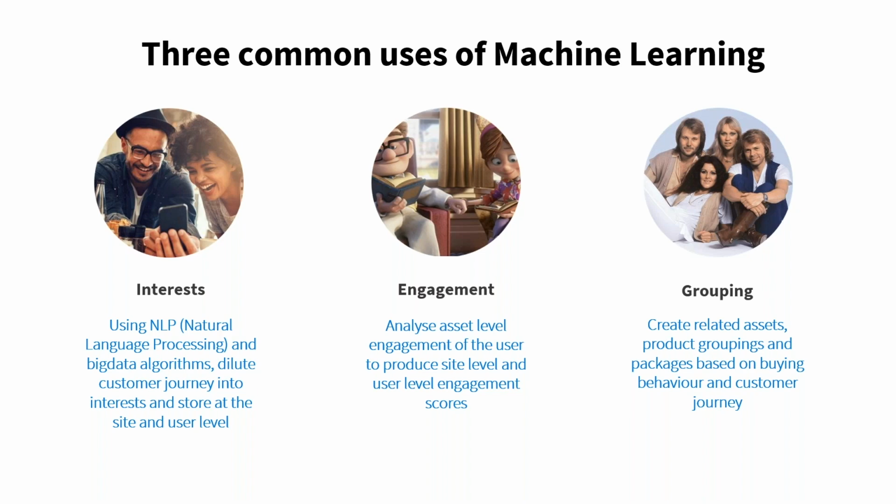So not what does it mean because of the text, but really what is the customer trying to do by entering that text? What's the meaning of it? And we can take all the data that you've collected and use NLP to create what are called interests.